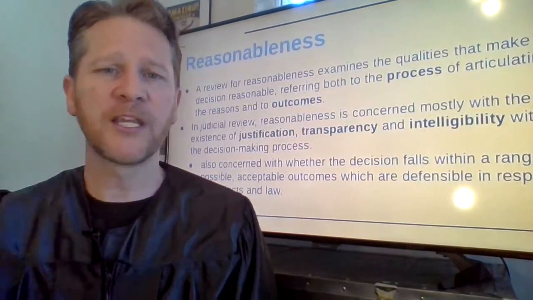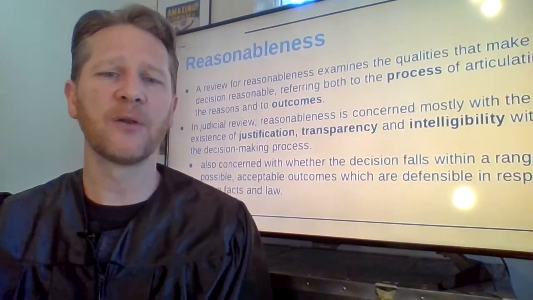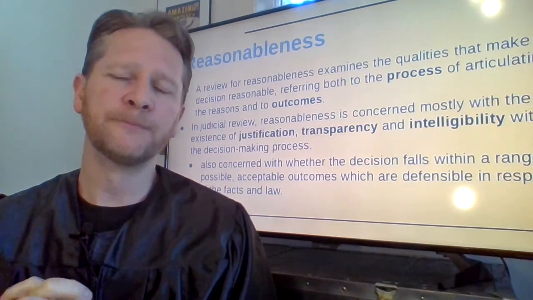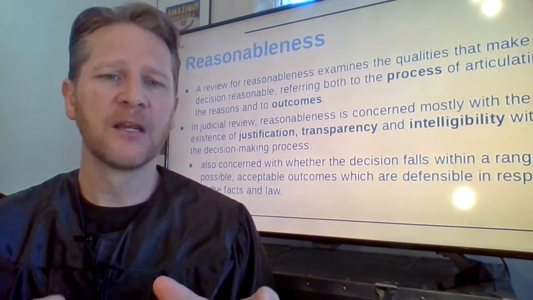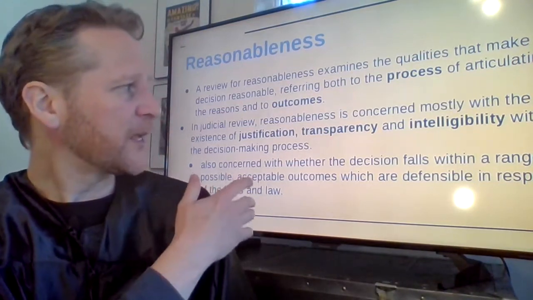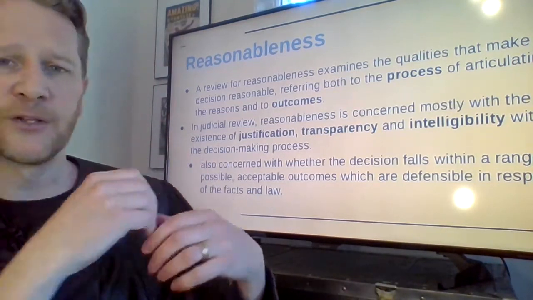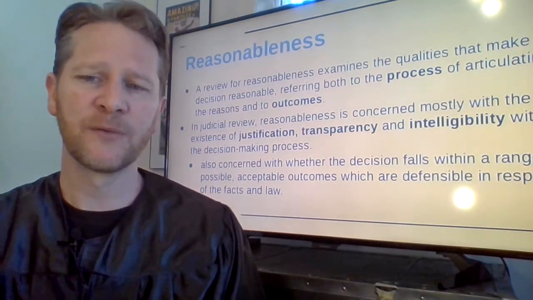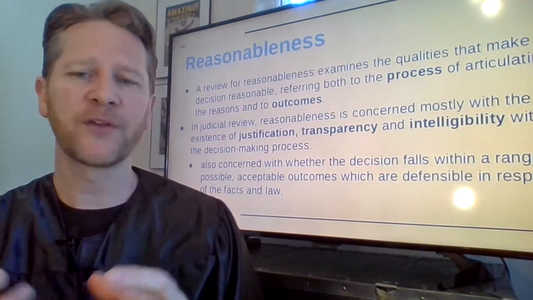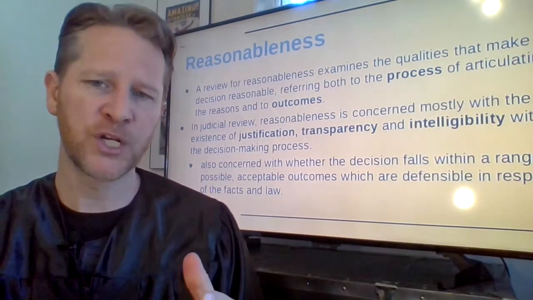So when we're looking at reasonableness, again, we are talking about things of more of a conceptual nature, I suppose. It's more abstract. I've highlighted a few things here, like we want to make sure that there is justification behind it. There's transparency behind the process, that the decisions were given with reasons and a rationale that we can all appreciate.